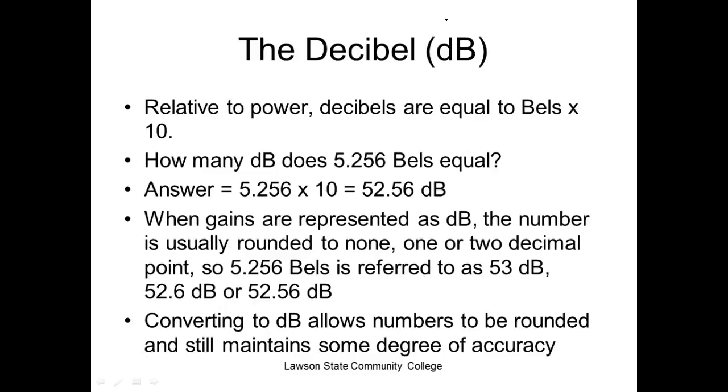When gains are represented as dB, the number is usually rounded to none, 1 or 2 decimals. But very seldom will you see over 2 decimals. I've never seen over 2. I'm not saying you might not run into it, but I've never seen over 2. And that's why we use milli and micro when we start rounding, right? Or kilo.